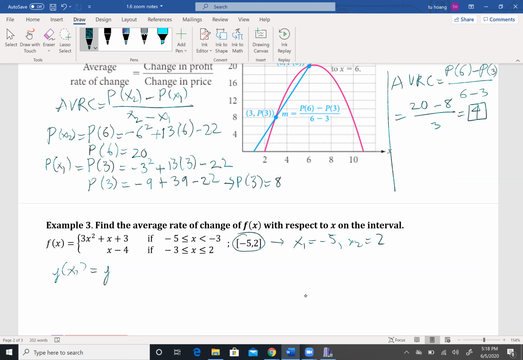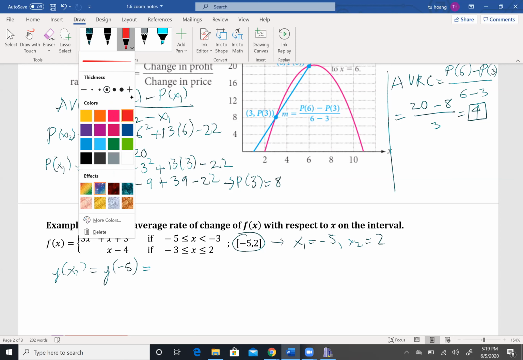f of x1 is f of -5, and I will plug into the function f(x). But in this case, since x1 equals -5, I need to know which part of the piecewise function I should use.